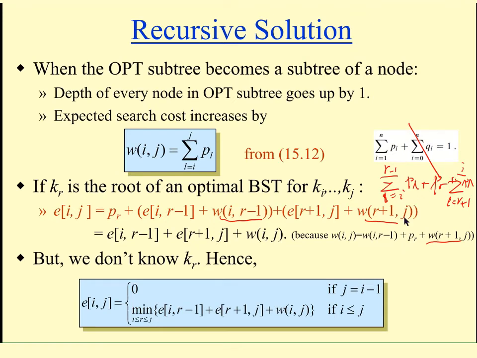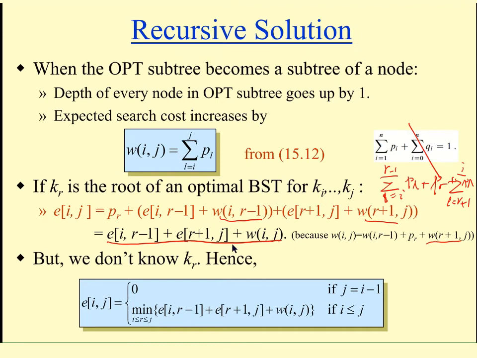If like that, we can just simplify it as w(i, j). So this is the final answer to solve e_ij. Okay, that means how we solve this one, we just use this method.